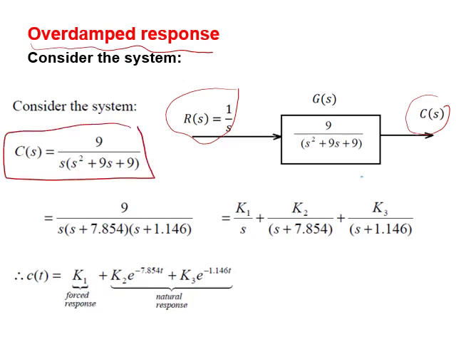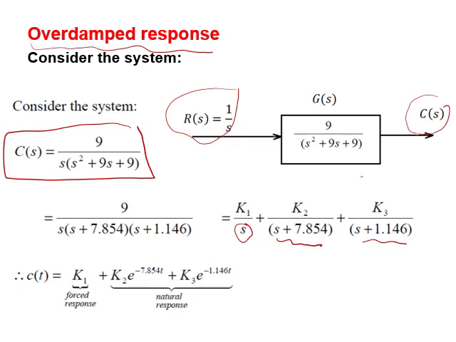From the partial fraction expansion, we find that the system has three poles, one coming from the forced response, and the others located at minus 7.8 and minus 1.14.